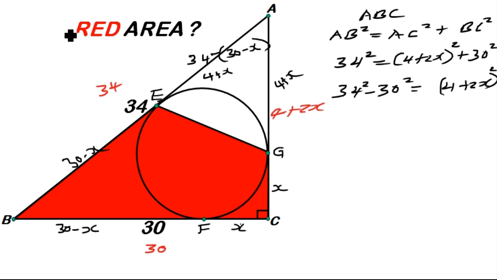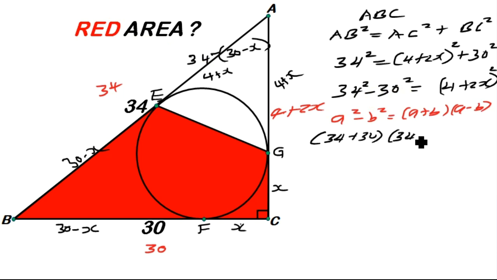34 squared minus 30 squared is a difference of 2 squares. When you have A squared minus B squared, that is A plus B into A minus B. So that is 34 plus 30 into 34 minus 30, which is equal to 4 plus 2x squared. That is a quadratic identity.